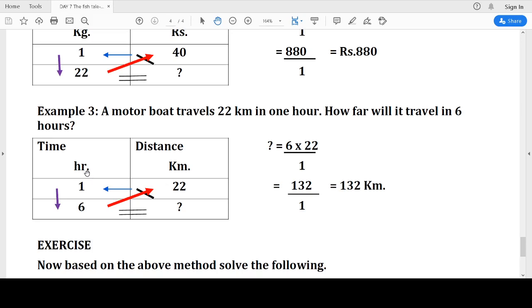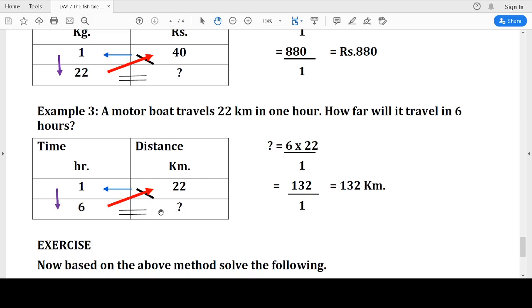The two quantities given are time and distance, time in hours and distance in kilometers. So in 1 hour 22 kilometers. In 6 hours how many kilometers? Where the question is asked, we put a question mark. We follow this path once again: question mark is equal to 6 into 22 divided by 1.